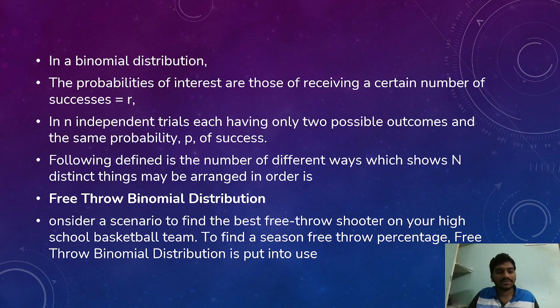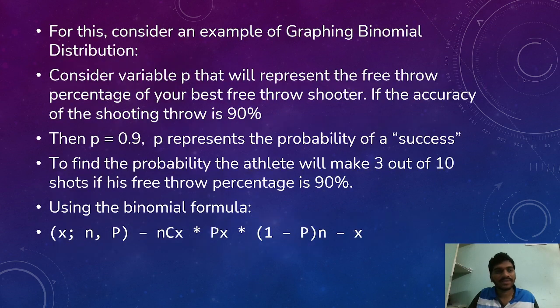Next, free throw binomial distribution. Consider a scenario to find the best free throw shooter on our high school basketball team. To find a season free throw percentage, the free throw binomial distribution is put to use. For this, consider an example of graphing a binomial distribution.